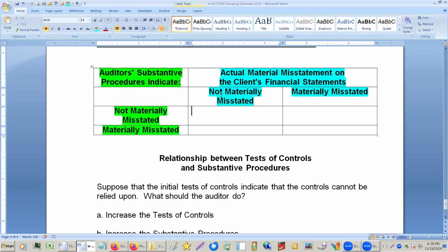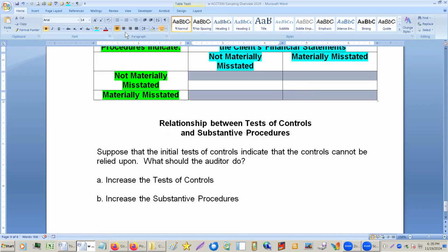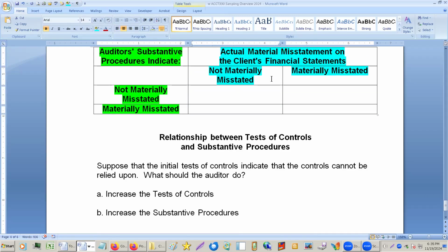Again, same scenario. So if they are not materially misstated and actually they're not materially misstated, this is also correct. We came to the correct conclusion on those. And same thing over here. If we say they're materially misstated and they are materially misstated, this is also the correct decision.